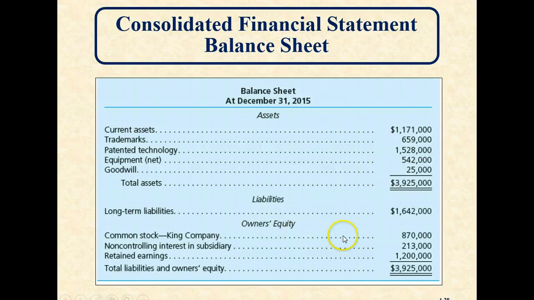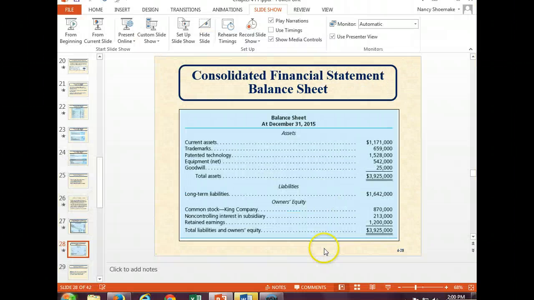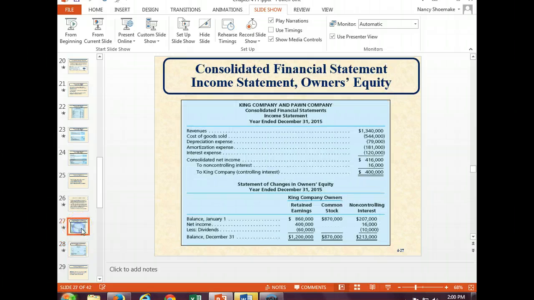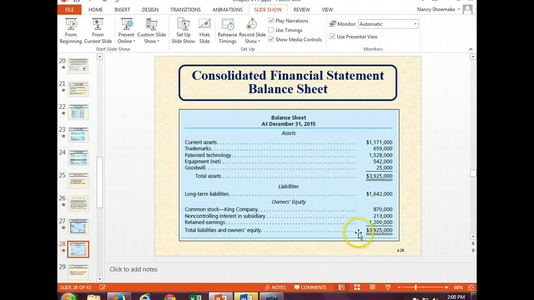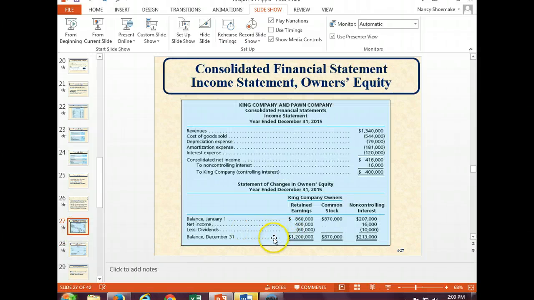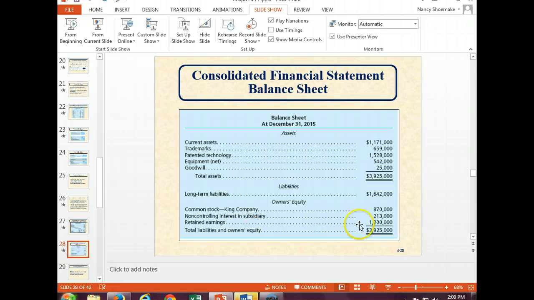And then we've got the ending balance, the $870 common stock, which basically comes from here. We've got then the retained earnings of $1,200,000, which comes from the retained earnings section, and our non-controlling interest of $213 shows up here, all in owner's equity.